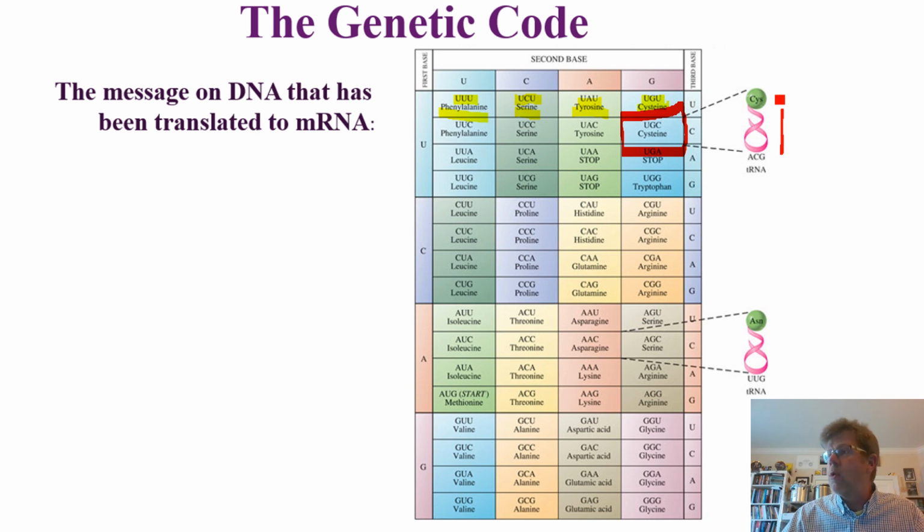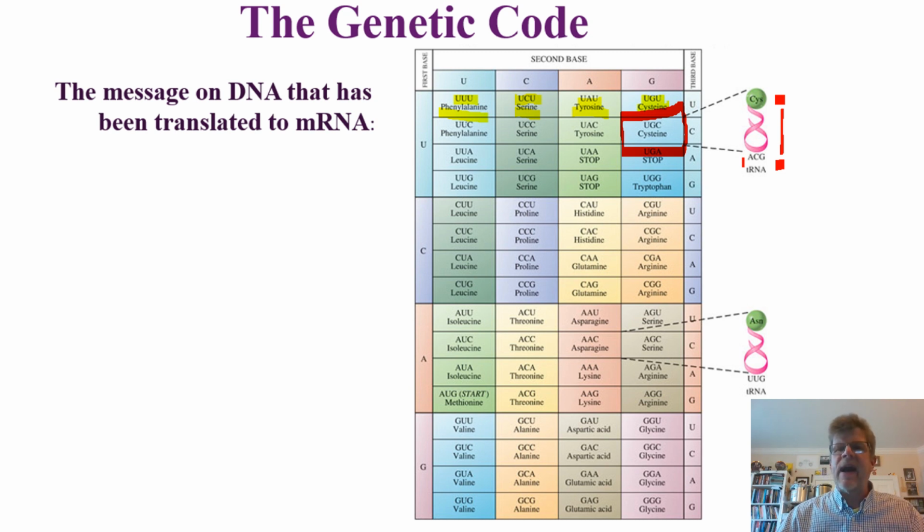UGC is the codon on the messenger RNA. Look down here on the bottom of the transfer RNA, ACG. Complementarily, ACG plugs directly into the UGC we see in that box that I highlighted. Only that codon and anticodon will plug into each other.